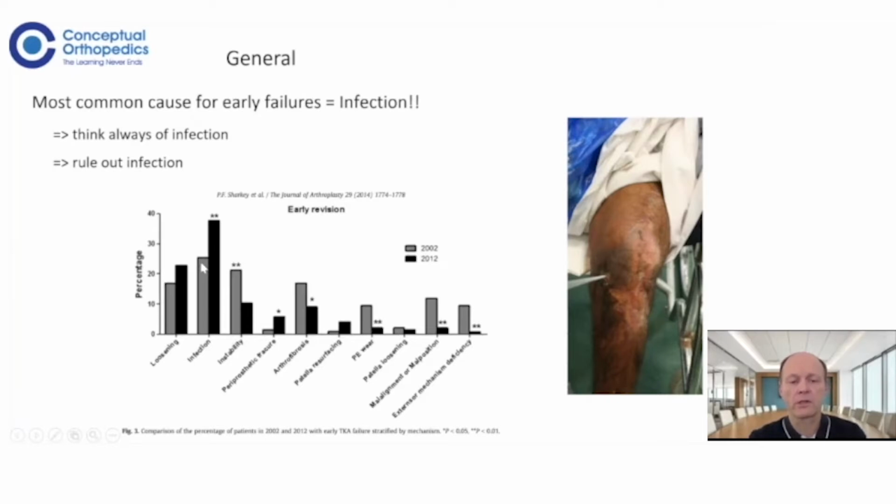It was quite a high bar in the 2002 analysis. Ten years later, it is definitely the bar with the highest percentage in the early revision, up to 40%. So that leads to the general recommendation that we always have to think of infection, and we have to rule out infection. Every joint that is coming to your office not working well, infection should be ruled out.